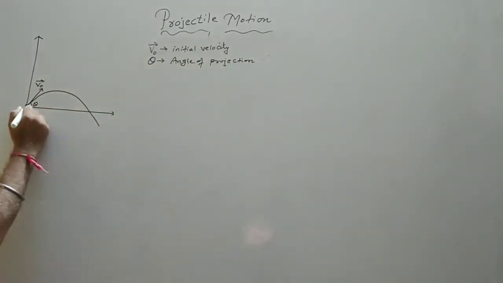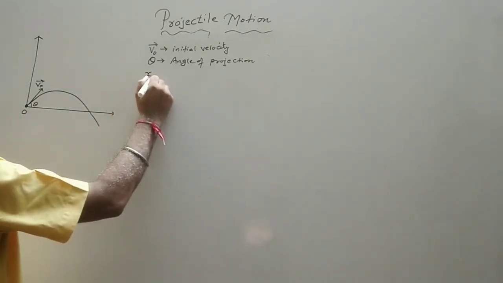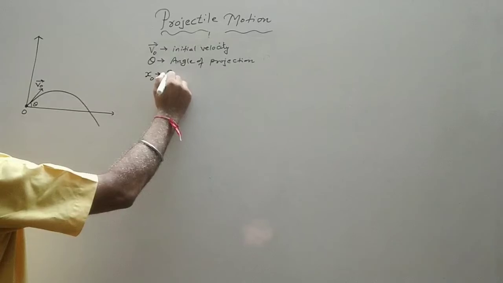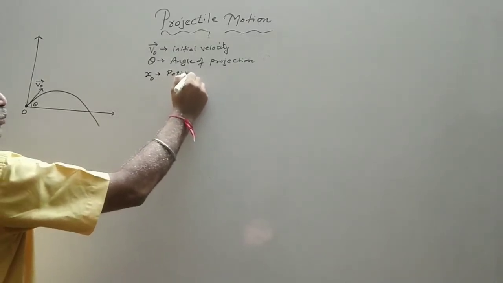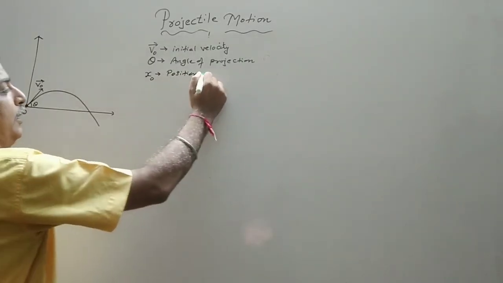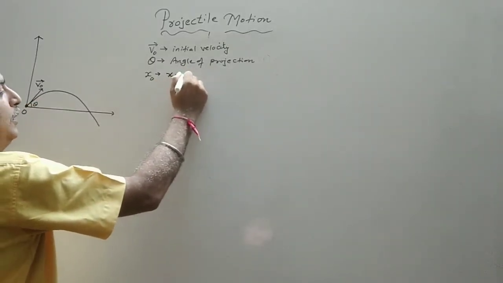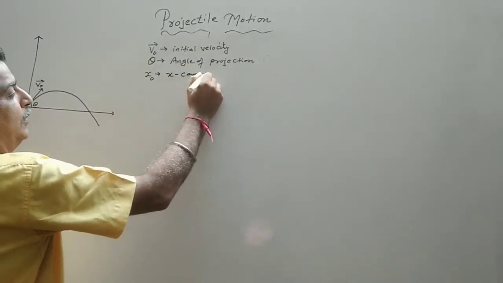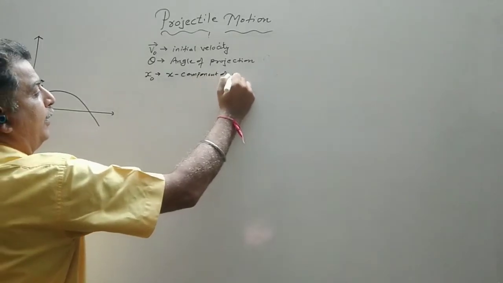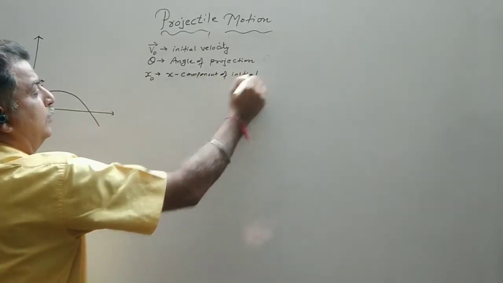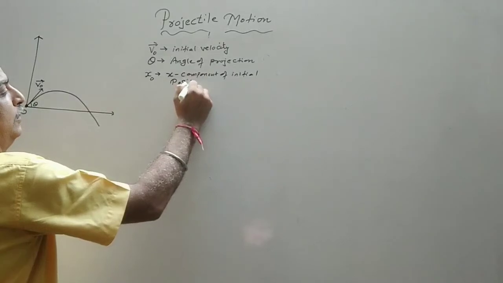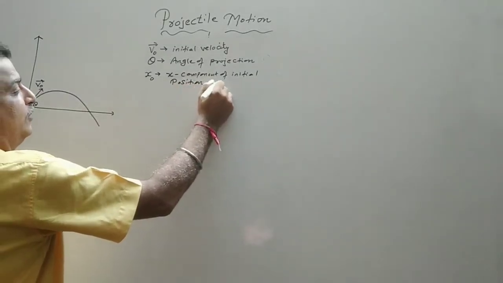Clearly, the body is being projected from the origin, so the initial position, that is, the x component of the initial position, is 0.